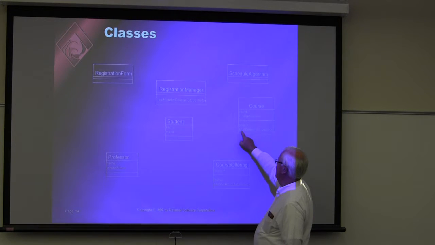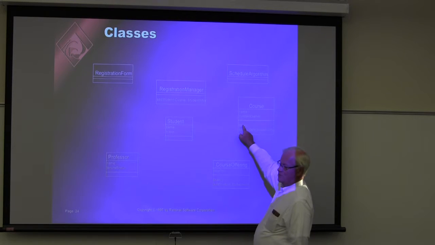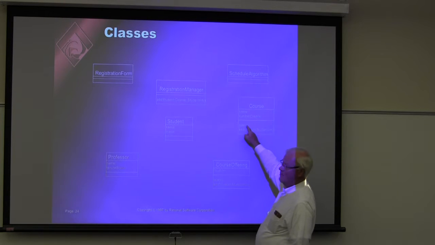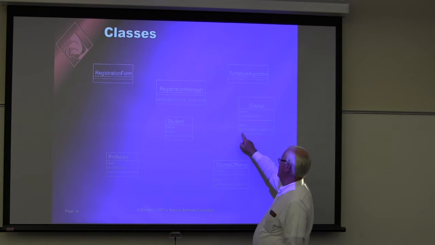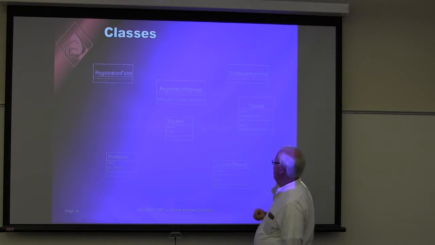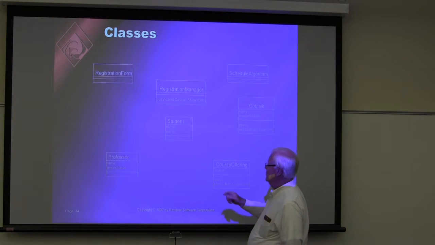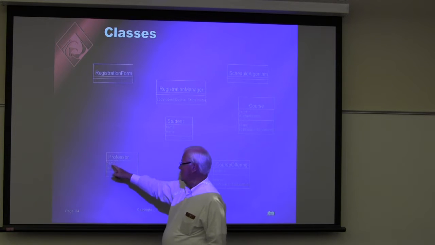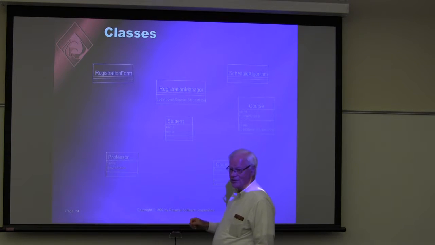We can open the course, or this really says how many spaces are still, or is it open or not open? That's really what that is. This is probably binary, 1 or 0. Add student is one of the operations. Student attributes are name, major, professor, name, tenure status. Tenure status is kind of interesting.